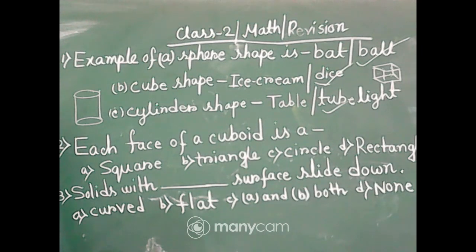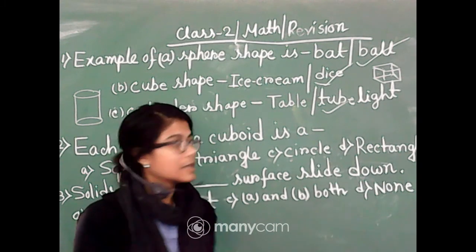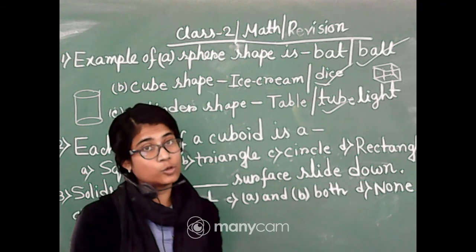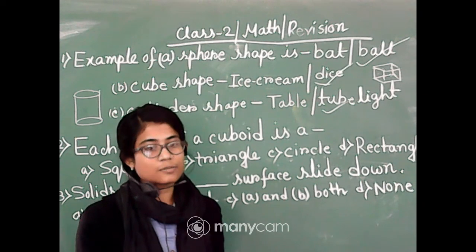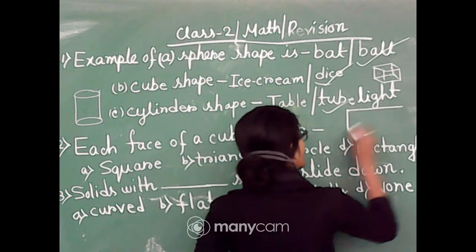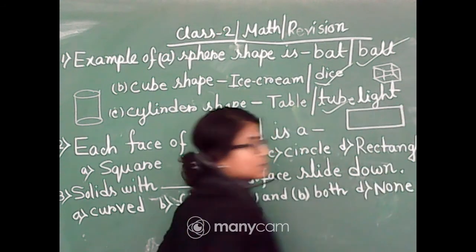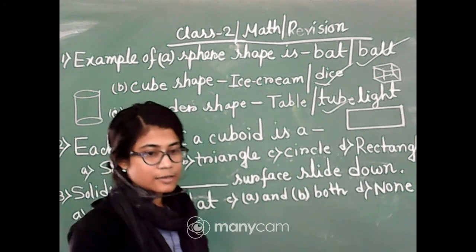Now the second question: each face of a cuboid is a square or triangle or circle or rectangle. We all know that a cuboid has 6 faces. If you know how the cuboid actually looks, then you can easily say what each face looks like. Whenever we want to draw a cuboid, the first thing we draw is a rectangle, isn't it?